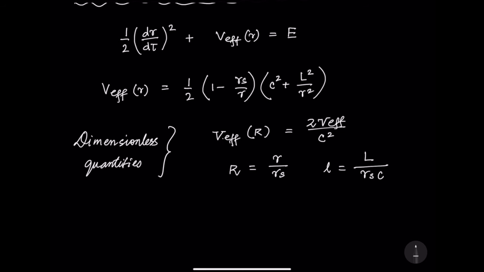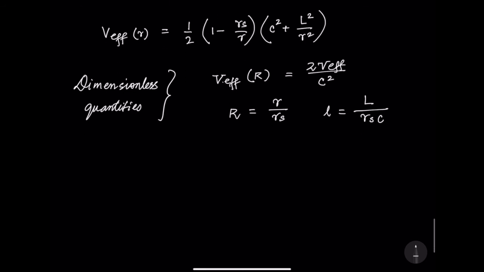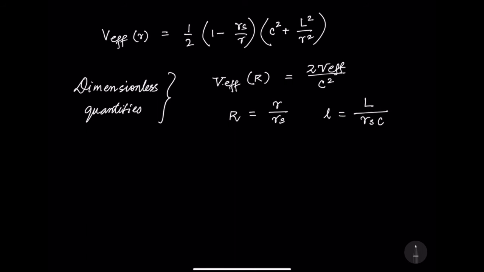So in terms of these dimensionless quantities, let's see what V effective has become. This is in the dimensionless form. And let me open up the bracket.